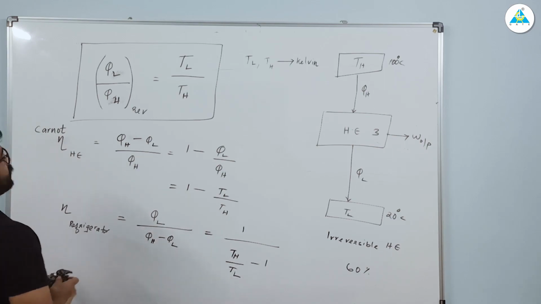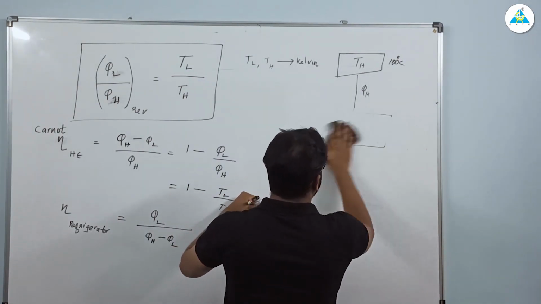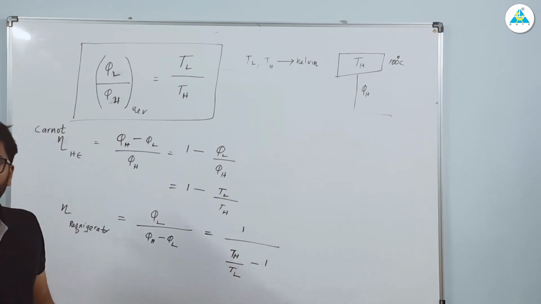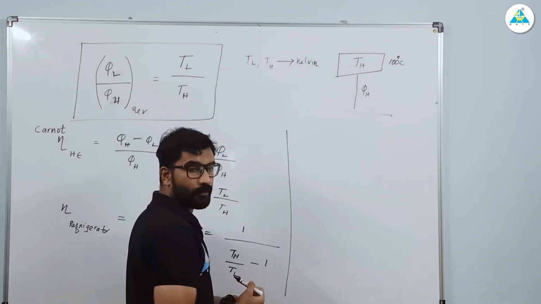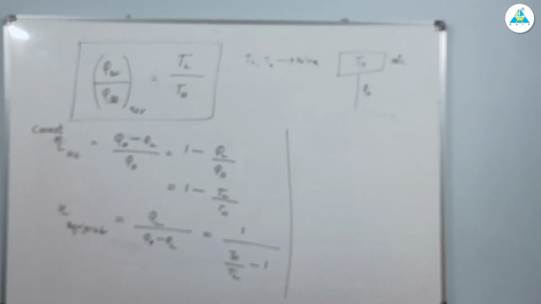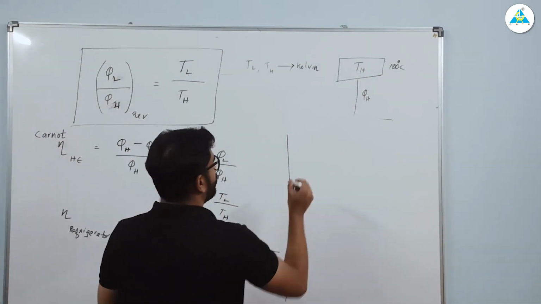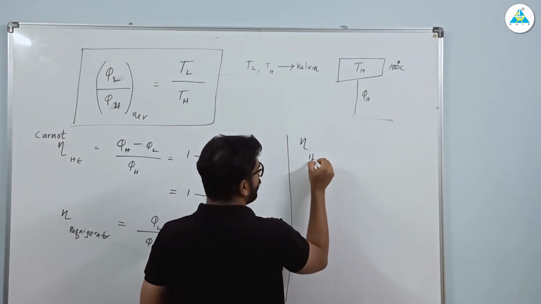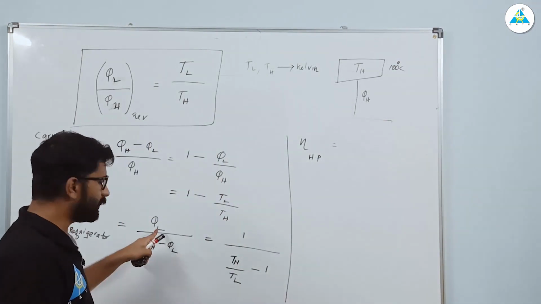Now what about the third one? That is the heat pump. What is the difference between refrigerator and heat pump in the equation?